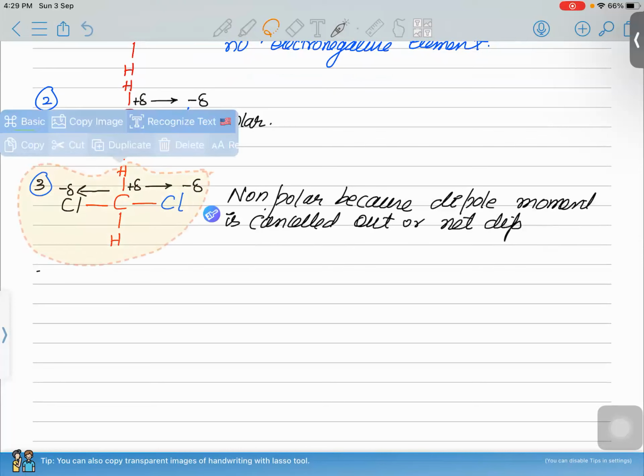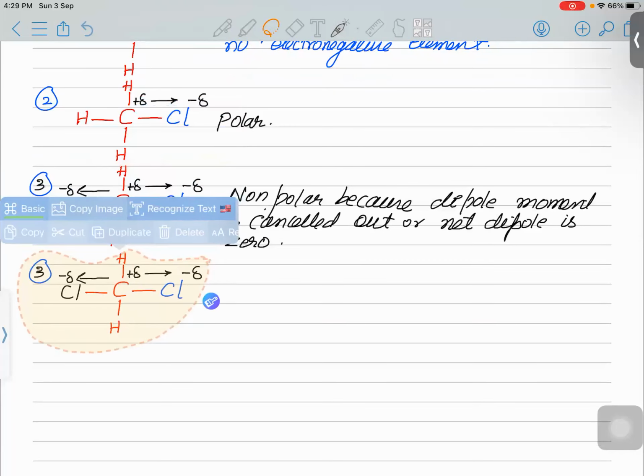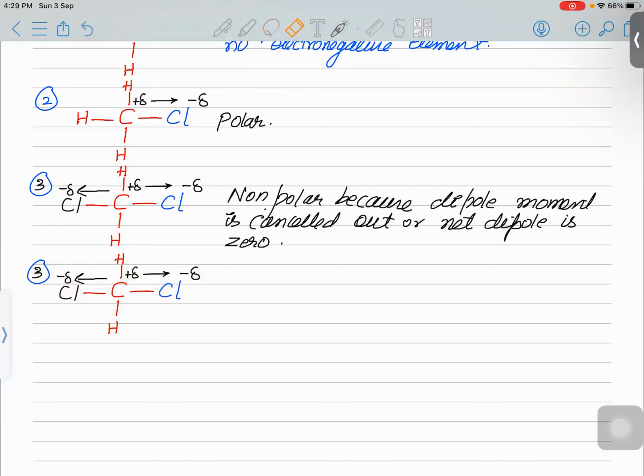Question number 4. Yes. Polar or non-polar?